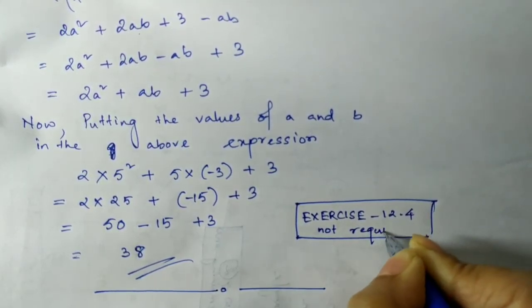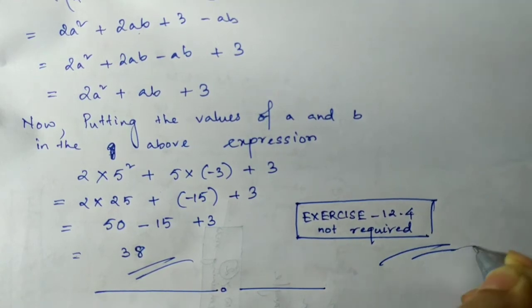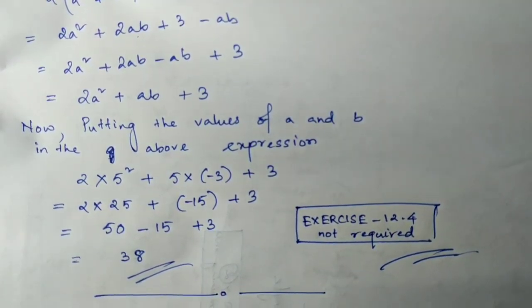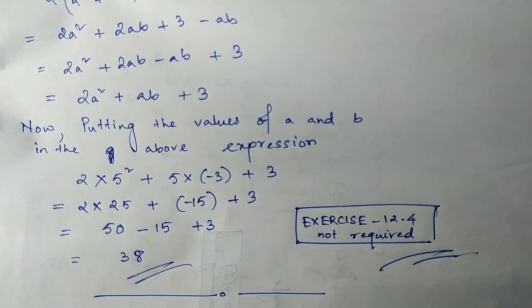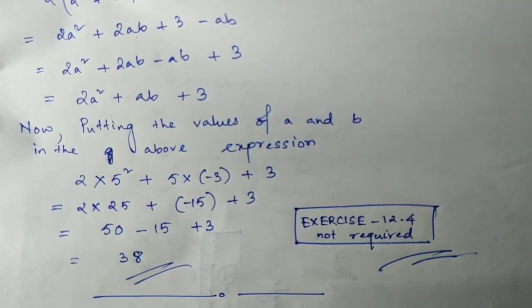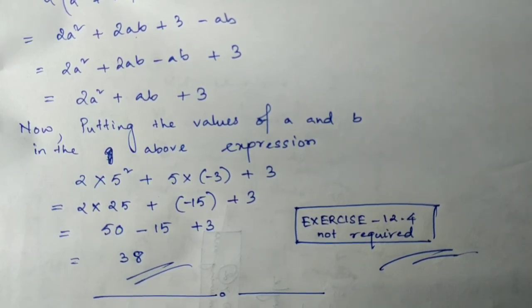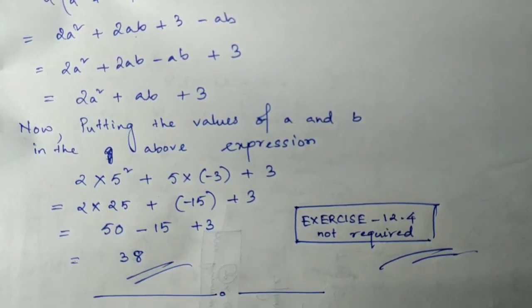So you will not get any video for exercise 12.4. So this is the end of the exercise as well as the end of the chapter on algebraic expressions. So we'll see a new chapter in our new video.